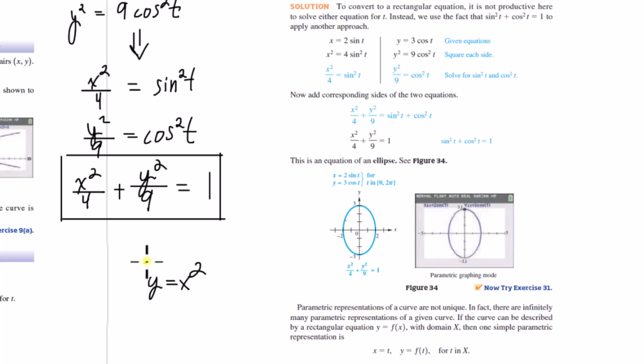So this is going to be our parametric curve, this parabola. Well, one way we could parametrize this curve is just say that x is equal to t and y is equal to t squared. However, this is not the only way to parametrize this parabola.